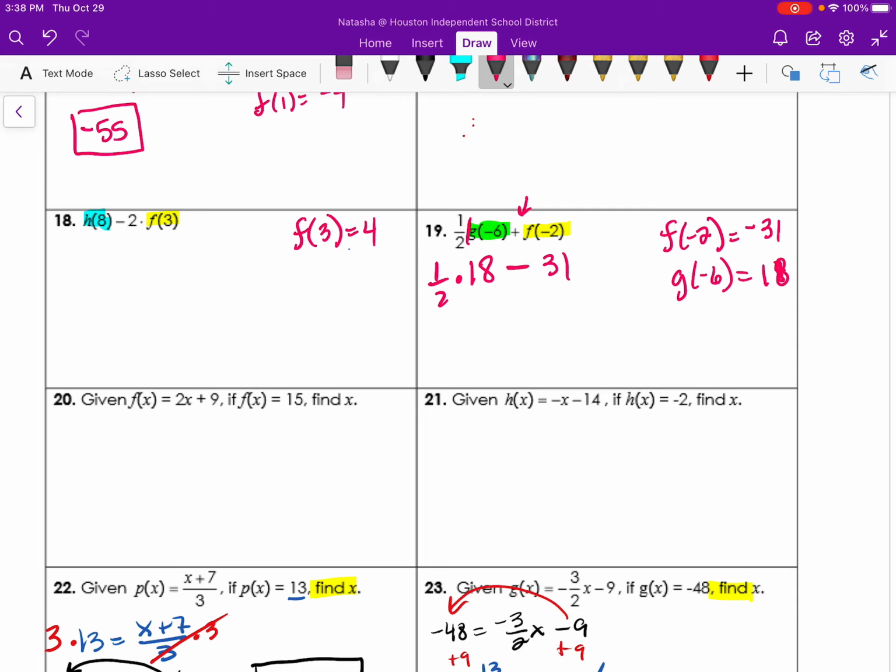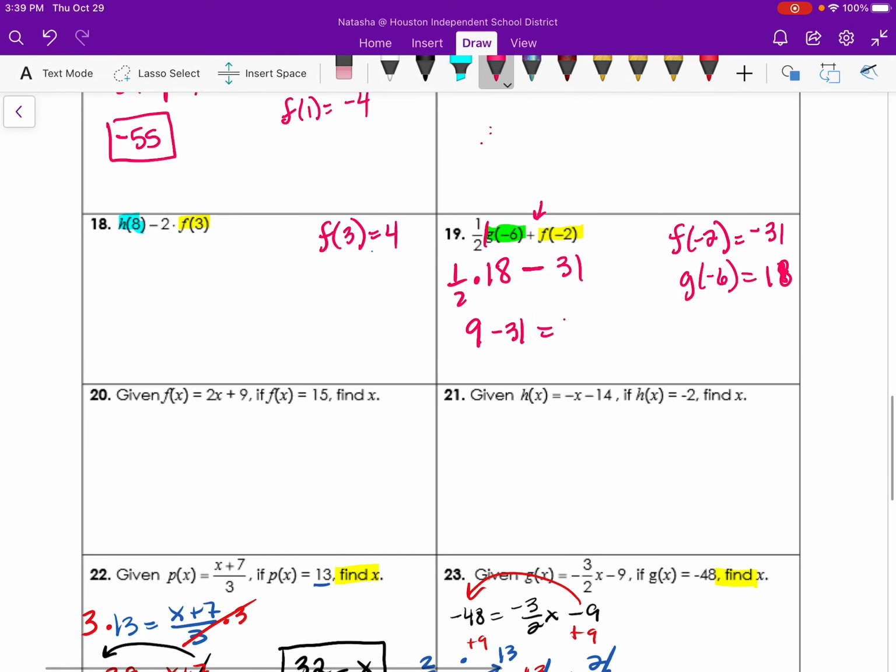Okay, so that's 18 minus 31. Now, 1/2 times 18 is going to give you 9. Minus 31. 9 minus 31 is going to give you negative 22.